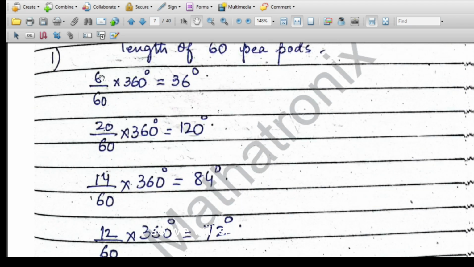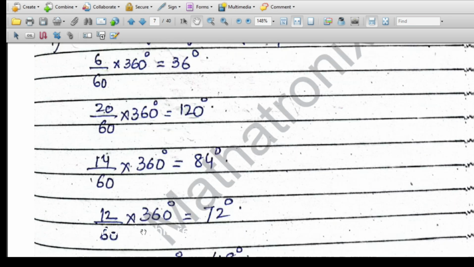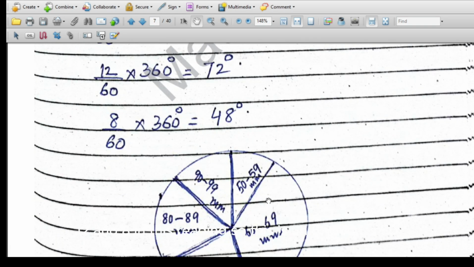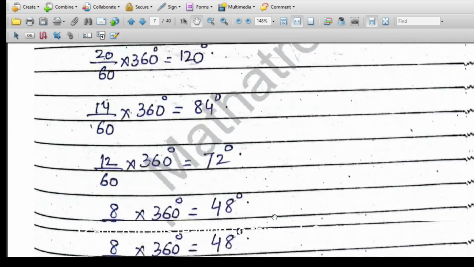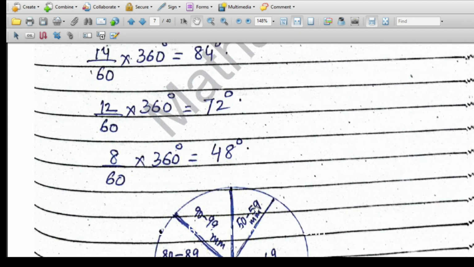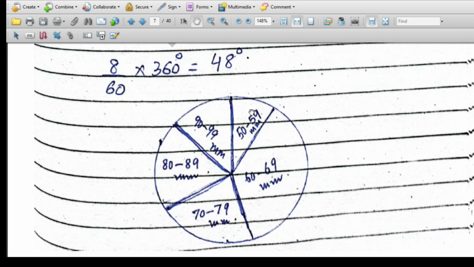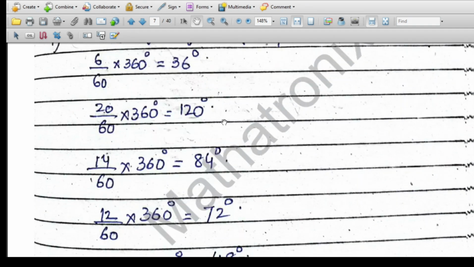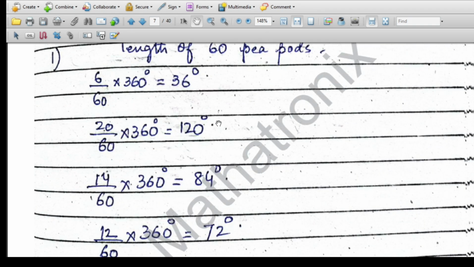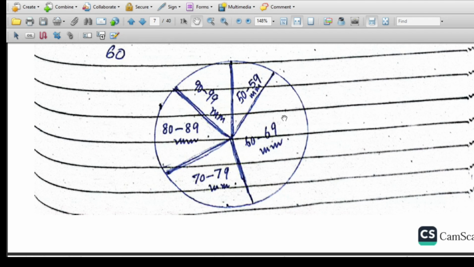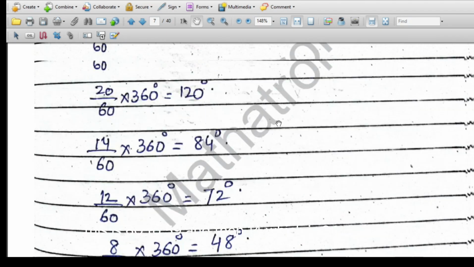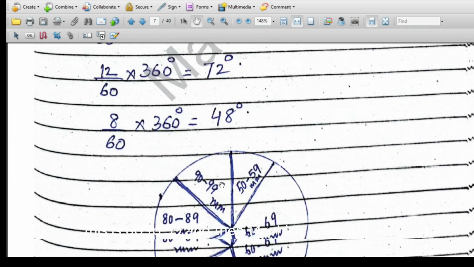So we will show these 6, 20, 14, 12 and 8 in these regions. This is 6, which is 50 to 59 mm length, represented in this pie chart with this sector. For 60 to 69 there are 20, so 120 degrees will represent this. This is 120 degrees, for 60 to 69, and then 14, which is 84 degrees.